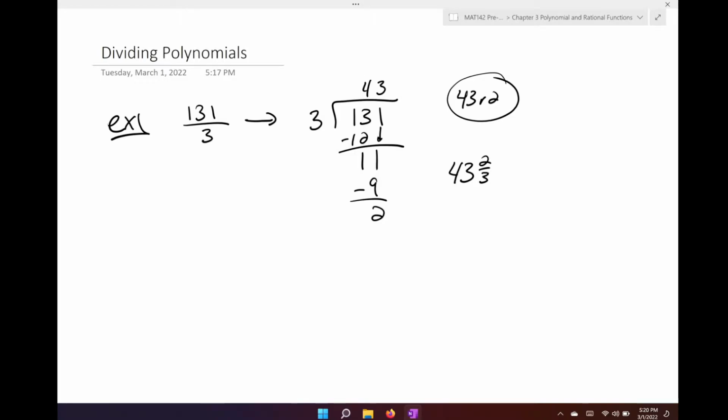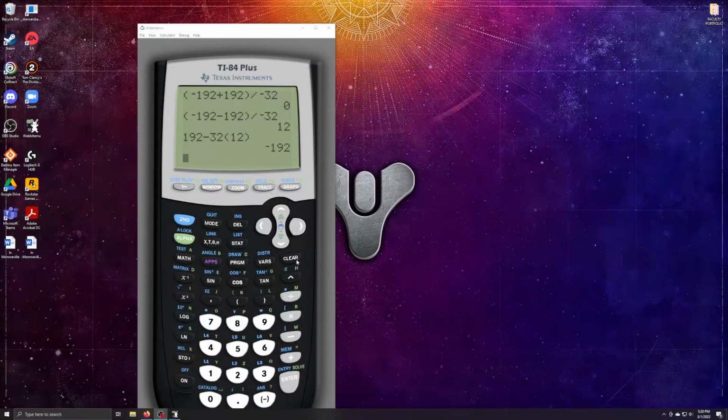If you were to take 131 and divide by 3, you would get 43.666667, this whole decimal thing. And 2/3, which is really what's left over, is the decimal portion of this.